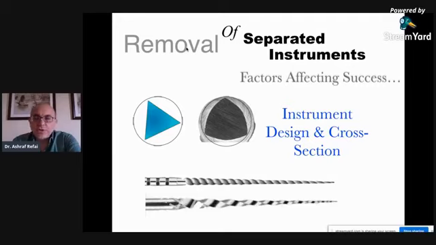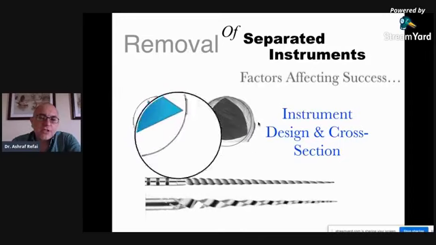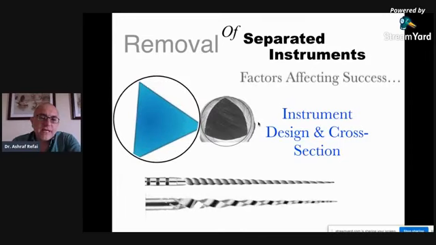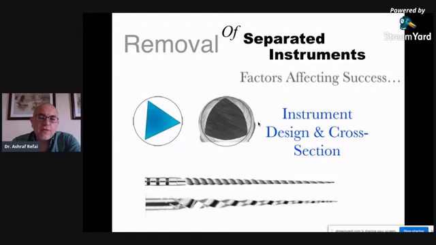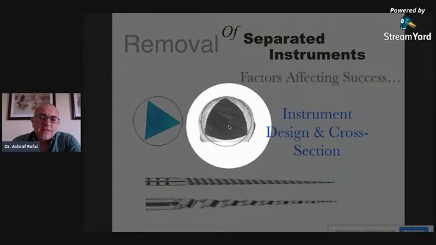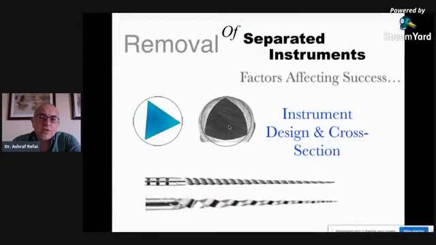So instrument cross-sections make a difference. If you have, say, a regular triangular cross-section here, it will have more space laterally, while if you have a modified convex triangle, like here, you will have less space, and it will be harder to nudge an instrument in between the instrument and the canal walls.